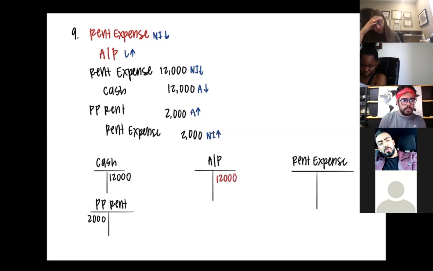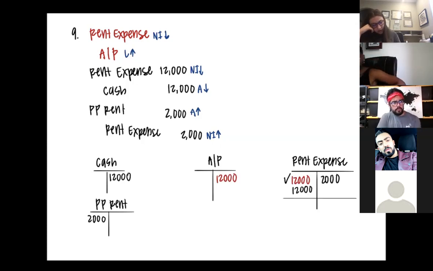And then rent expense, they debited it for 12 and then credited it for 12, which is fine. So this is fine. But now they have to credit it for 2, and now our balance is 10.